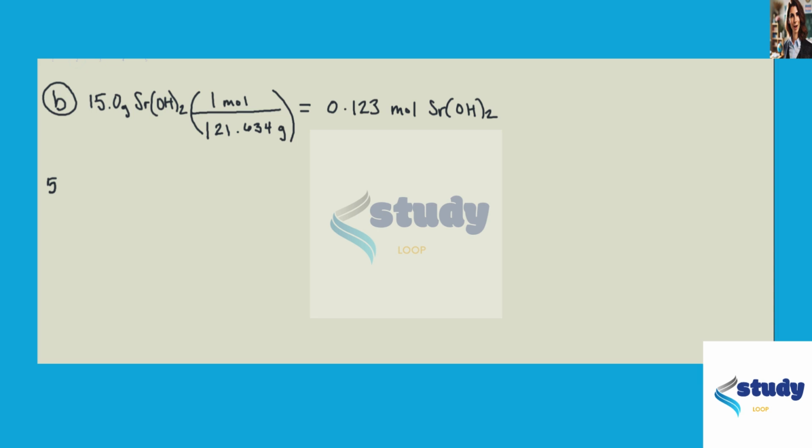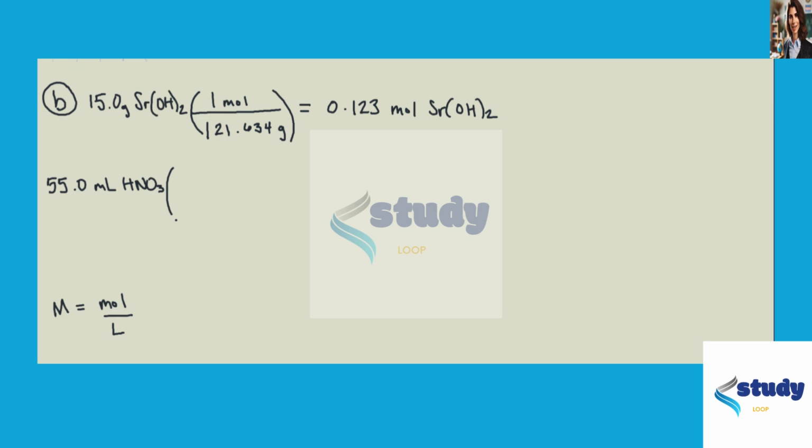So starting with 55.0 milliliters of nitric acid, we know that this is a 0.200 molar solution. Don't forget that molarity breaks up into units of moles per liter. That's how we're going to set up this conversion factor. So I'm going to try and cancel liters down here.